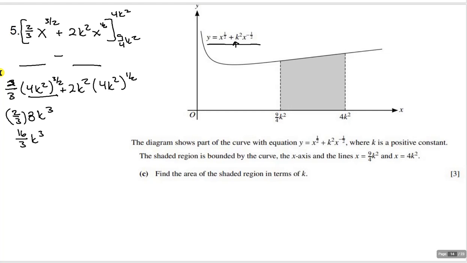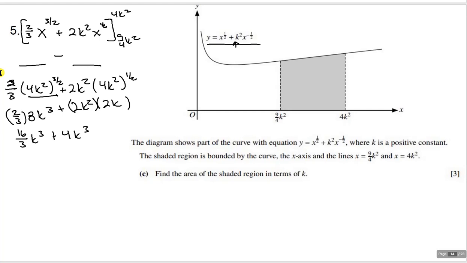k to the 3rd. All right, now when I do this, I have to raise to the power first. Well, 4 to the 1/2 power is going to be 2. k squared to the 1/2 power is going to be k. So this ends up being 2k, and then I'm going to multiply it by 2k squared. So that's going to be 4k to the 3rd, and it's going to be plus.